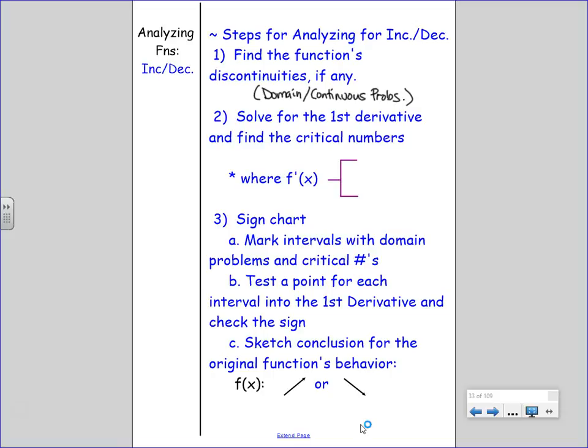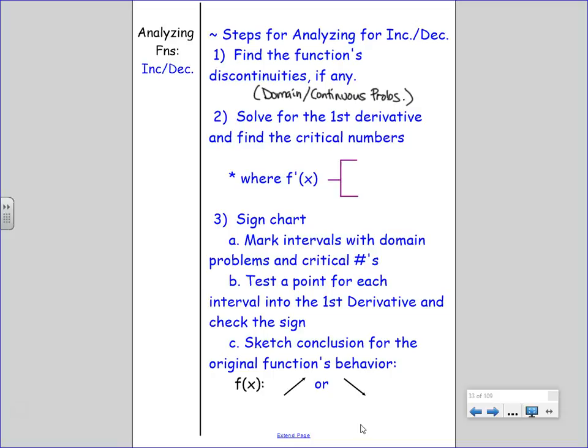Alright, you guys ready? Here we go! Number 1, discontinuities. Find the domain and continuous problems, and we just talked about them all. Number 2, solve for the first derivative and find critical numbers.